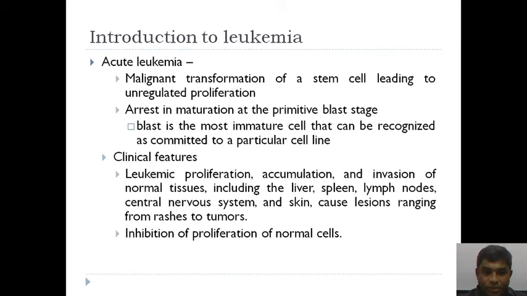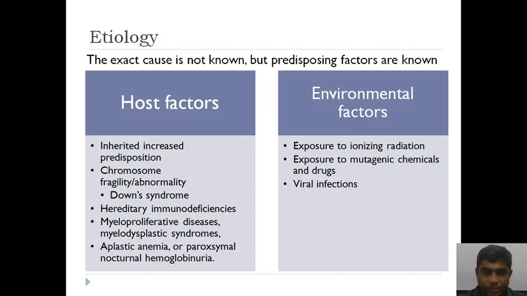The other systems which have a predilection for invasion of these blasts are the central nervous system. It can involve the skin, and it can involve a few other organ systems also, which we will see subsequently. And it's not just the invasion of these tissues, but there is lack of differentiation, leading to accumulation of cells in the earlier blast stage.